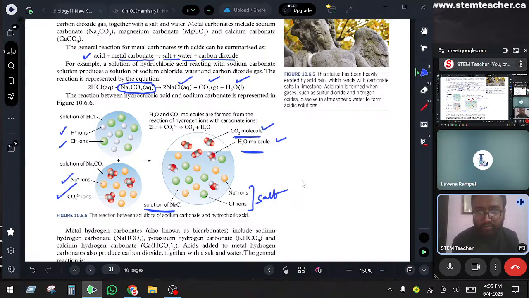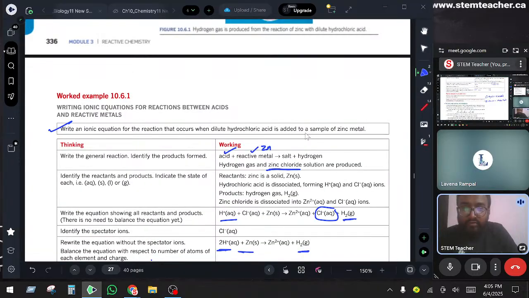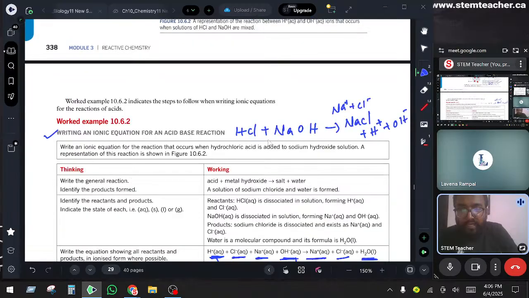We have seen a total of four: acids and reactive metals, acids and metal hydroxides, acids and metal carbonates, and acids and metal hydrogen carbonates.